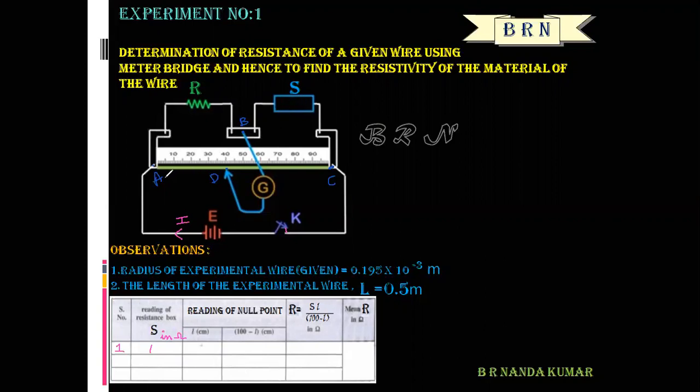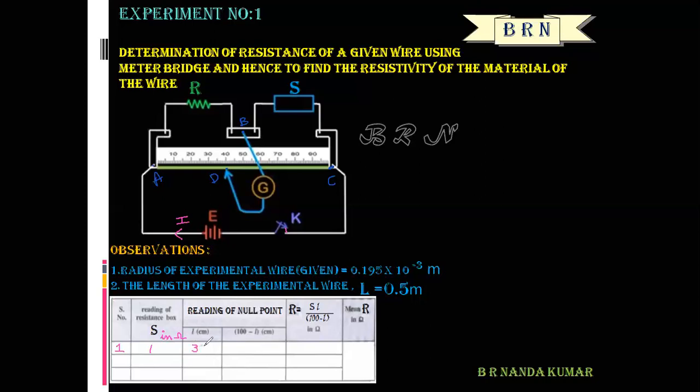The jockey is gradually moved on the bridge wire until the galvanometer shows null deflection. D is the balancing point, and the corresponding length AD is the balancing length. In the first trial, the balancing length is 30 centimeter.